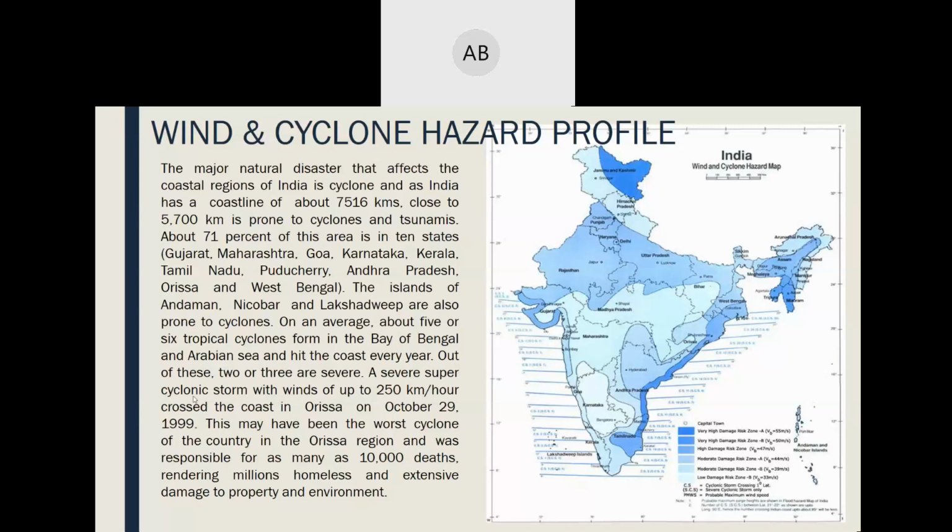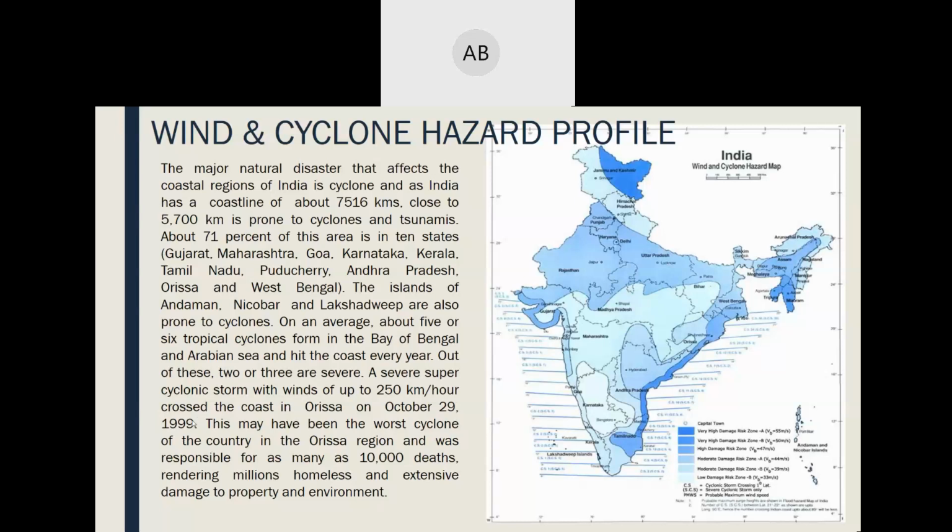A severe supercyclonic storm with a wind speed up to 250 kilometers per hour crossed the coast of Orissa on 29 October. That was the super cyclone that I was mentioning in the earlier lecture. It was way back in 1999.